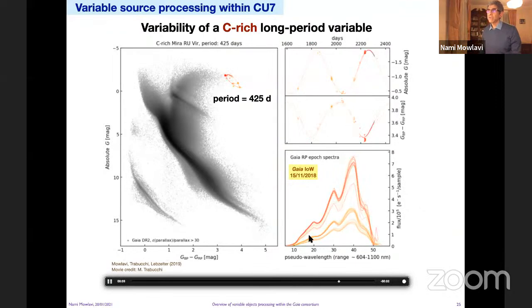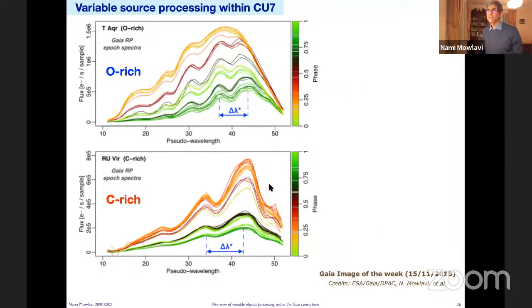And if you were careful, the spectra of the oxygen-rich and carbon-rich stars have different patterns. And this is in the red band. And you see that huge molecular bands are seen in the spectra. For the carbon-rich stars, those are carbon molecules, and in the oxygen-rich, those are oxygen molecules like titanium oxide.